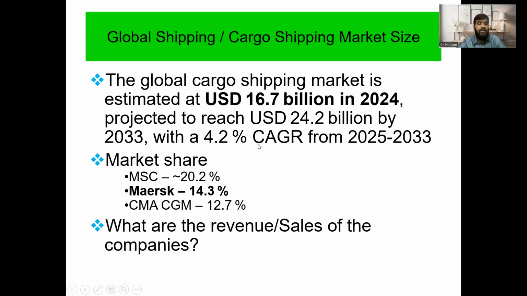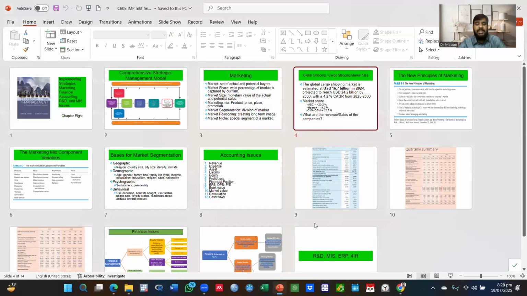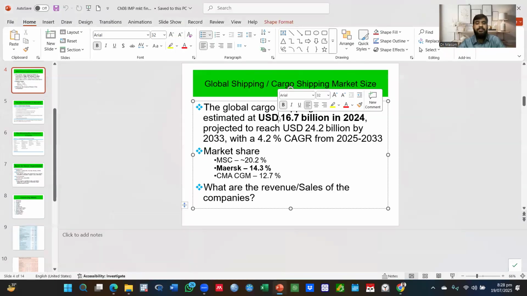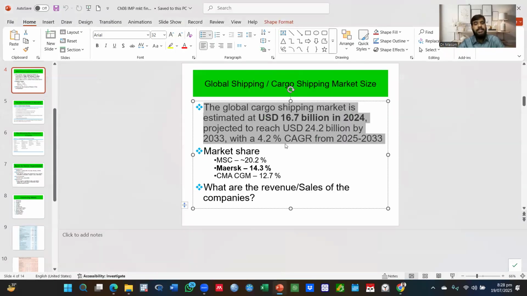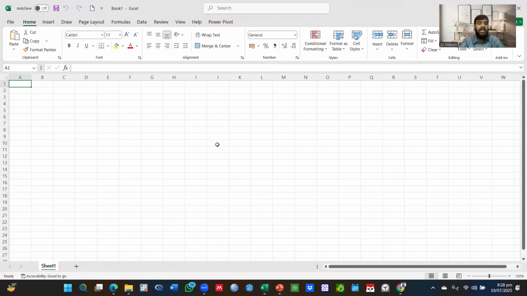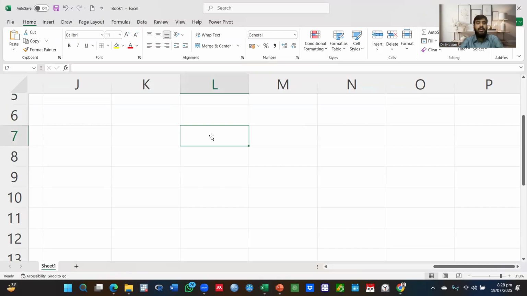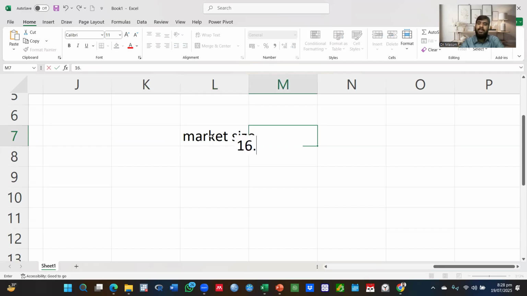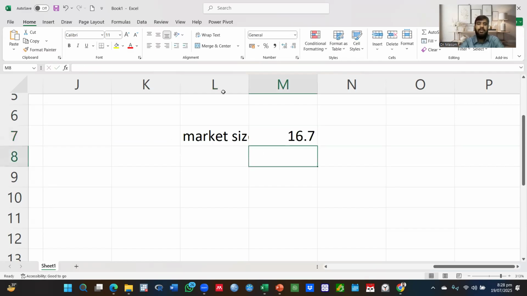Then the question comes, what are the revenue or sales of these companies? Here the total market size is 16.7 billion.